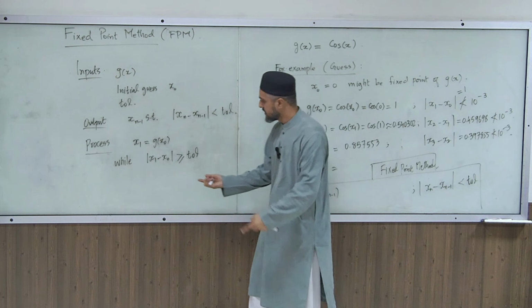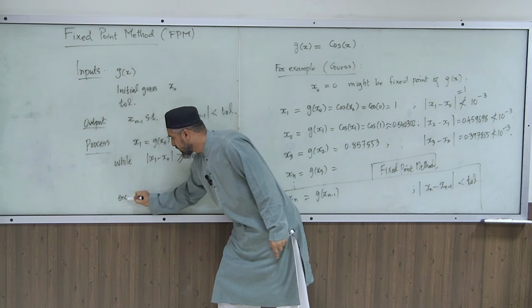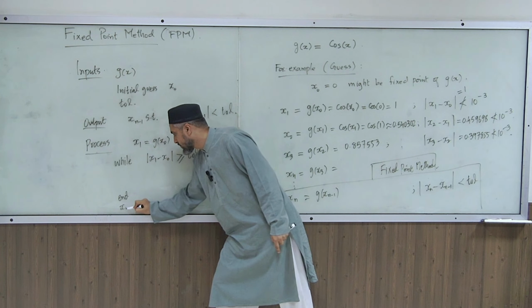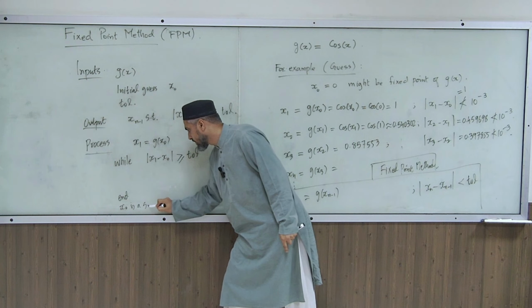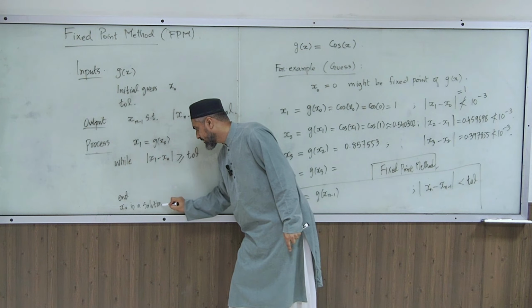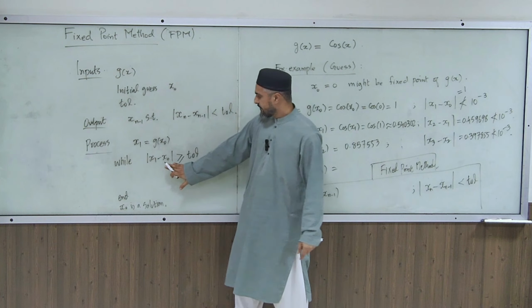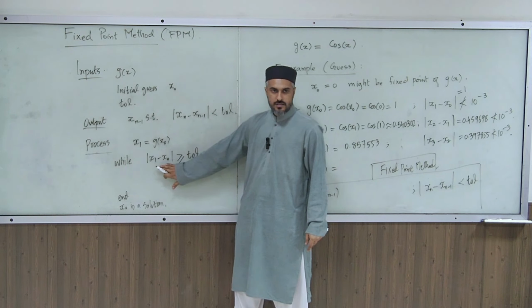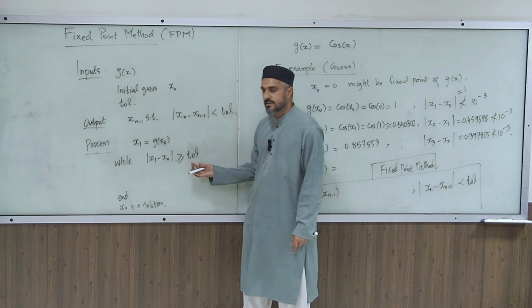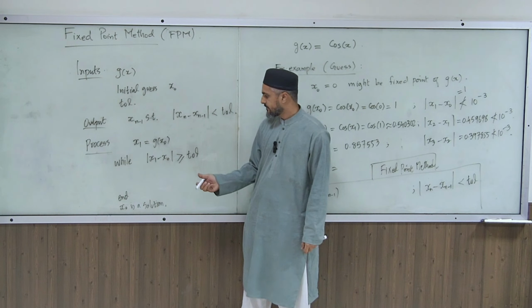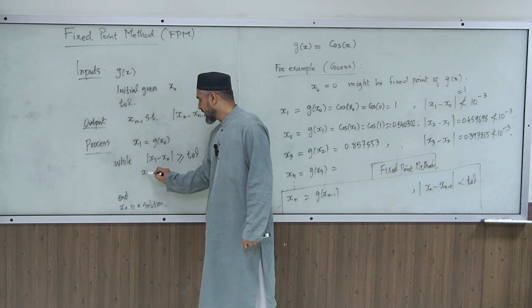If they match, I will just get out of the loop and write that x naught is a solution. If x naught is not a solution, that is, the difference is greater than or equal to the tolerance, then I have to calculate.